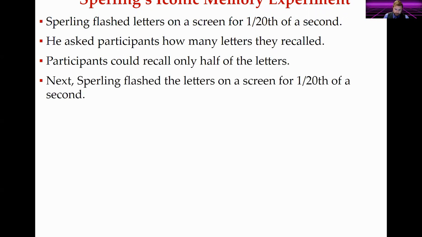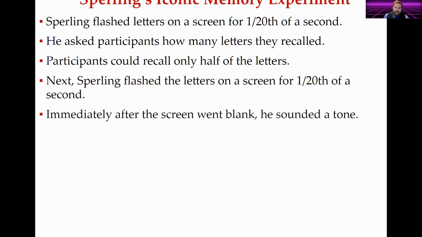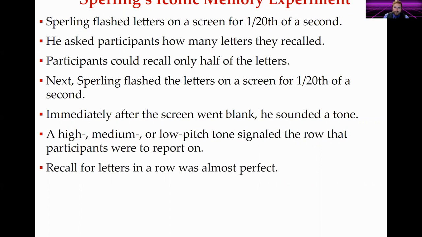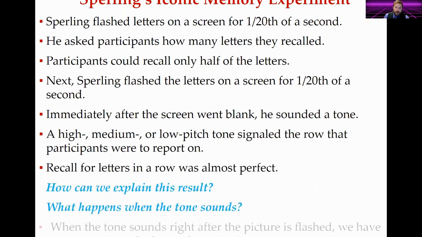Then Sperling flashed the letters on a screen for another 20th of a second, and after the screen went blank, he sounded a tone. A high-pitched, medium, or low tone told the participants which row they were supposed to focus on. This caused information to be recalled almost perfectly. So when the sound happens right after the picture is flashed, we have a cue to retrieve that information.